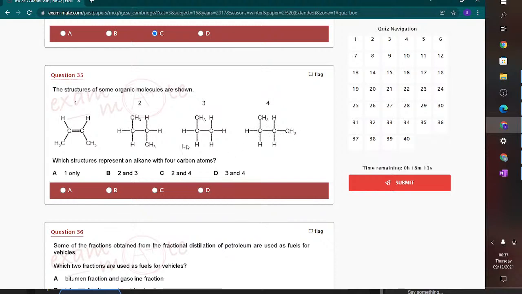Yeah, that's 4. Alkane with 4 carbon atoms. That must be butane. What's the difference between these two? Let's find out. Oh, we have two options. Perfect. 2 and 4. That's C.